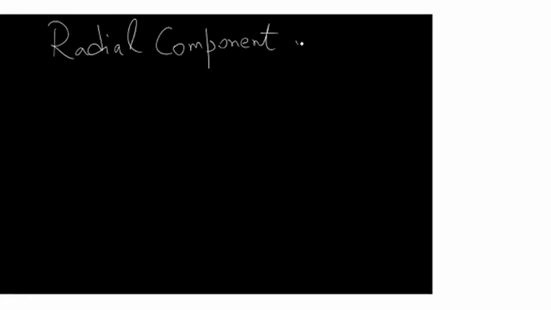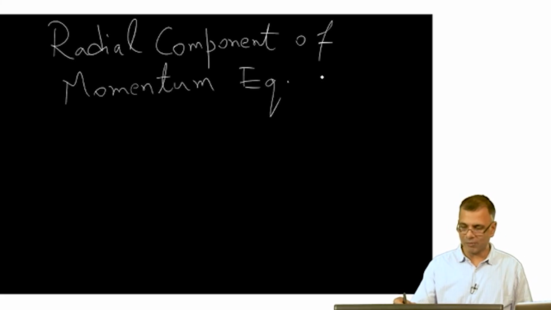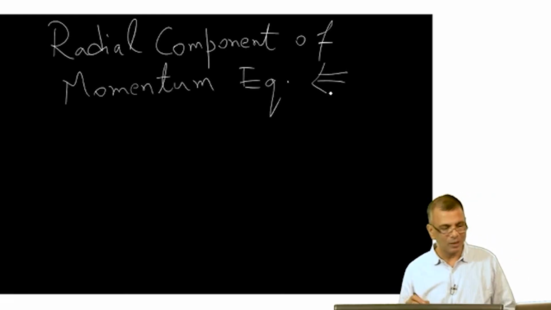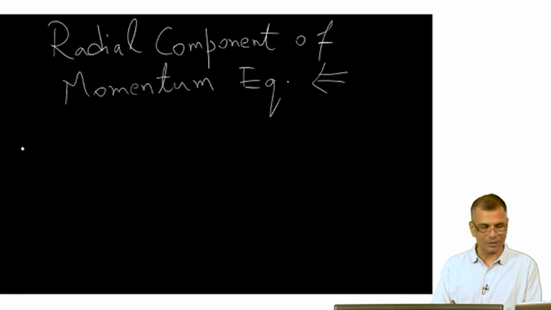Now, let us turn our attention to the radial component of the momentum equation. Remember, we started out by saying that we will split up the momentum equation. We will consider the vertical part, the radial part, and the azimuthal part all separately. So now we consider the radial component of the momentum equation, which in cylindrical coordinates looks like this.